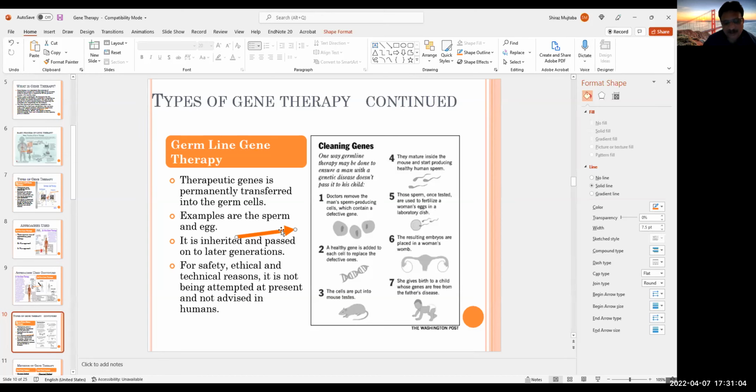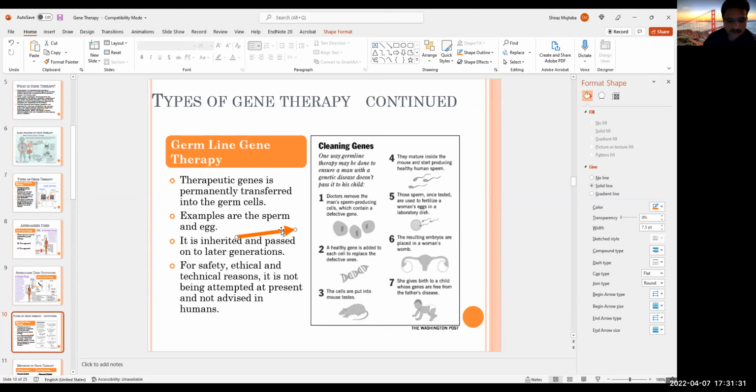If there is a genetic disease, for example sex-linked diseases like color blindness or night blindness, and the genes have to be rectified, then the genetic modification or manipulation has to be done either in sperm or in egg, depending on where the disease gene is coming from.